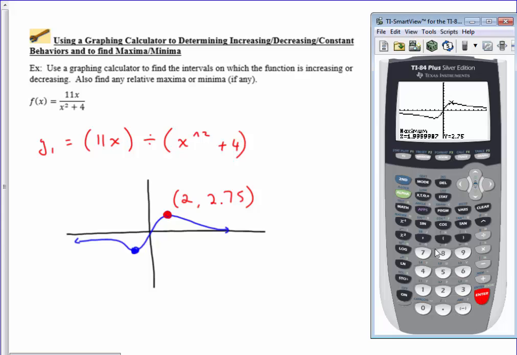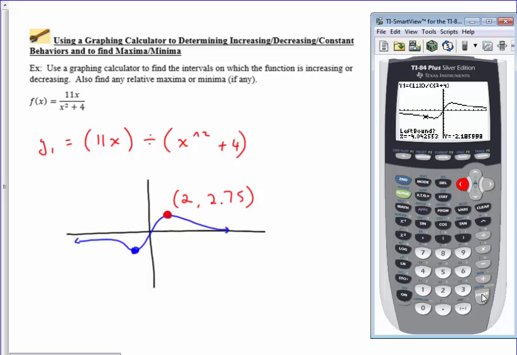Now we need to do the minimum. So we'll do second trace, and then the minimum is option 3. So I'll choose that. Here, it's asking for a left bound, which means that if my relative minimum is here, I need to make sure my cursor is to the left of it. So I need to arrow left, make sure that you actually go past your minimum value, get well off of it before you press enter.